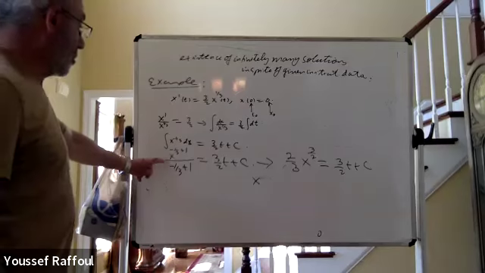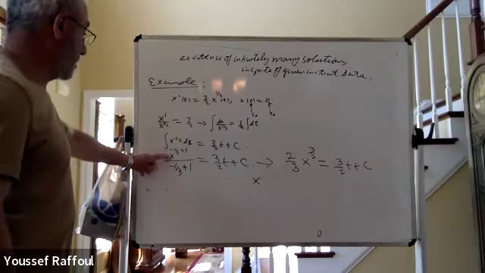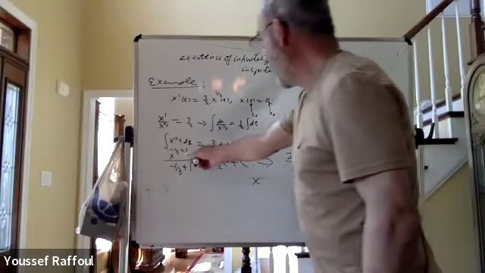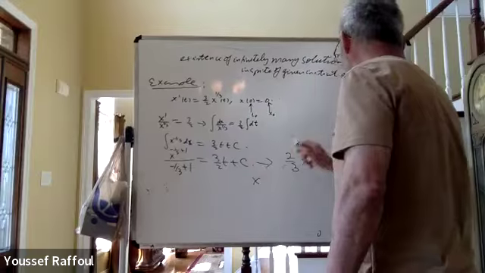On the right-hand side, once you integrate, it should be x to the 2/3 instead of 3/2. It should be x to the 2 over 3. Minus 2/3, sorry, yeah. There you go. 2/3.